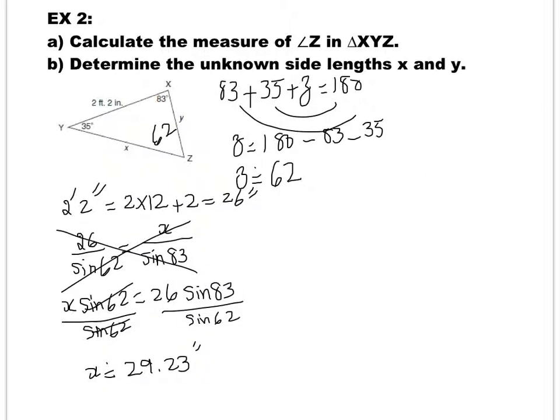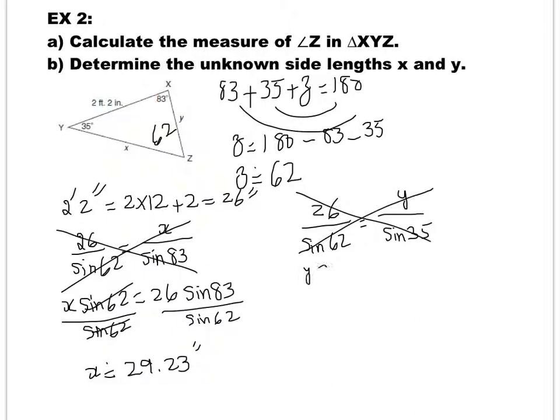To find side y, we are going to do exactly the same thing. I'm going to write the ratio 26 over sine 62 is equal to y over sine 35. Again, crisscross.